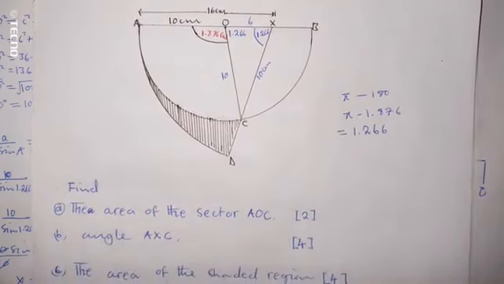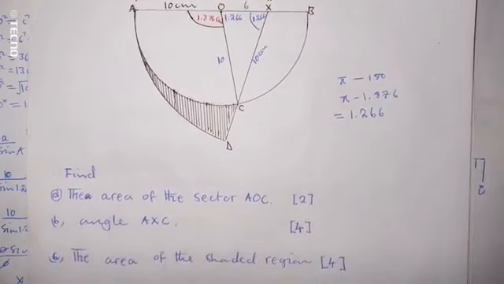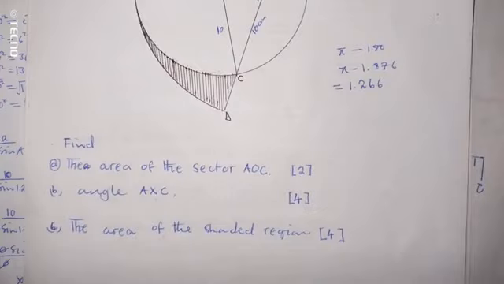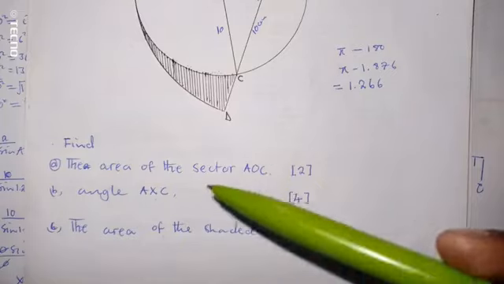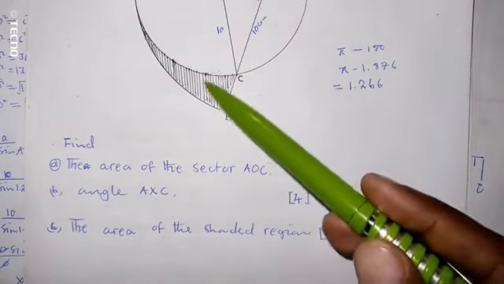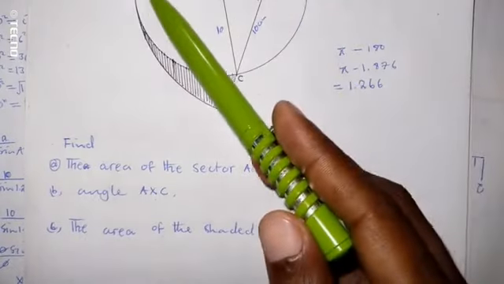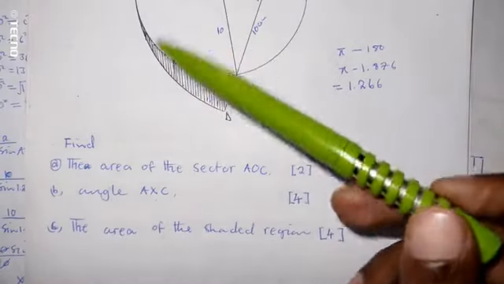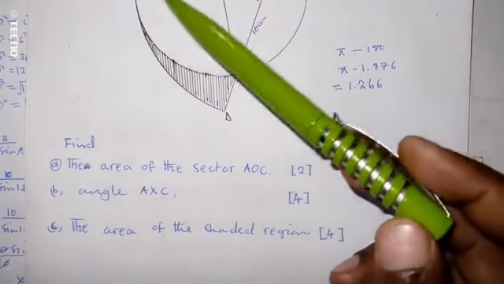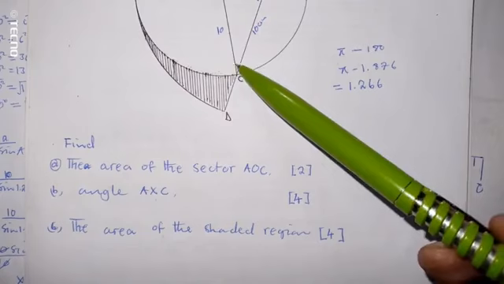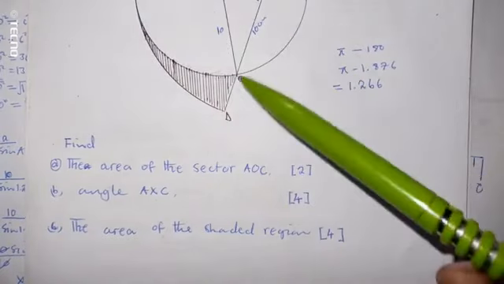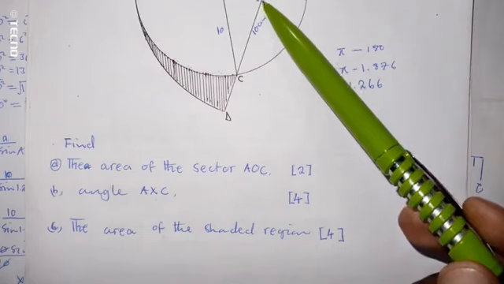Having answered that, we can also answer the last one, where we've been asked to calculate the shaded region, which is this part. Remember, we've answered this one in the first question, where we were asked to find the sector of AOC. Then we also need to find the sector of AXD, since we have an angle there.